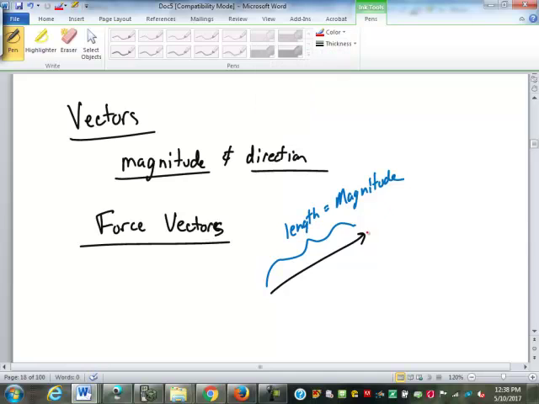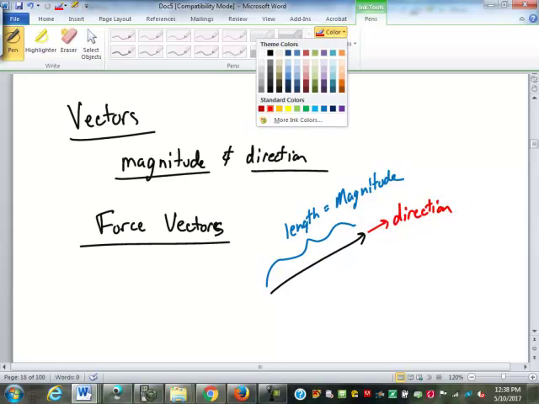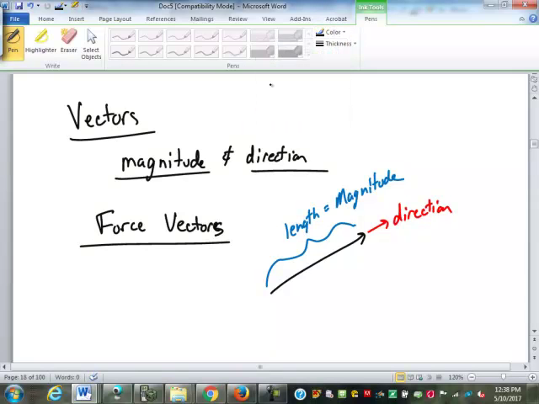And obviously the direction of the vector is the direction. So a shorter vector theoretically has a smaller magnitude than a longer one. Now we don't always get them drawn to scale, but it works out there.